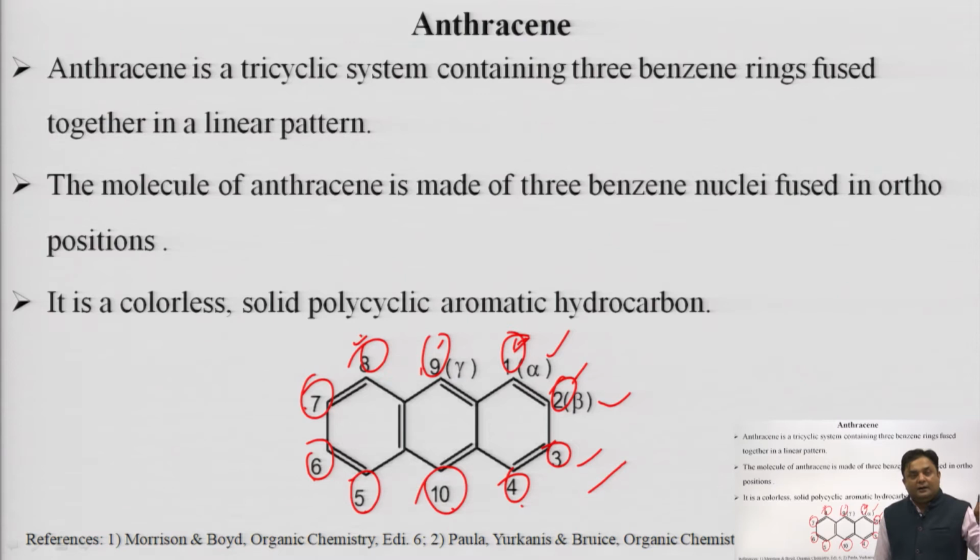So as you can see in the structure, anthracene has 3 sets of equivalent carbons.